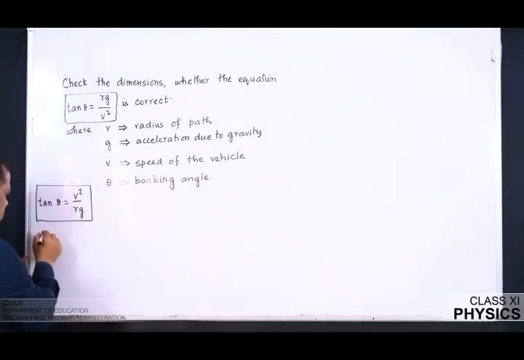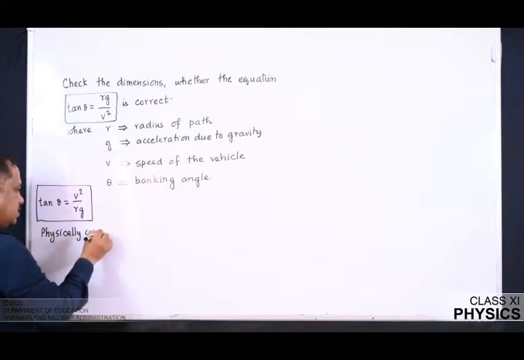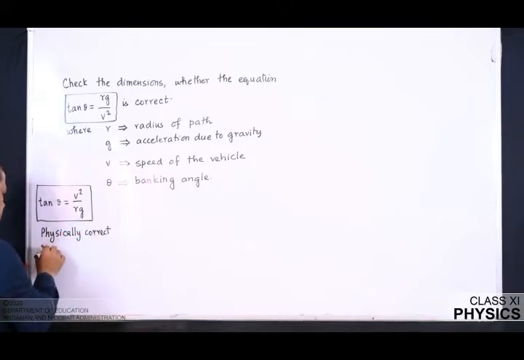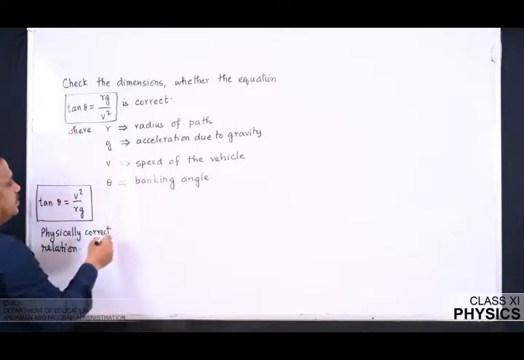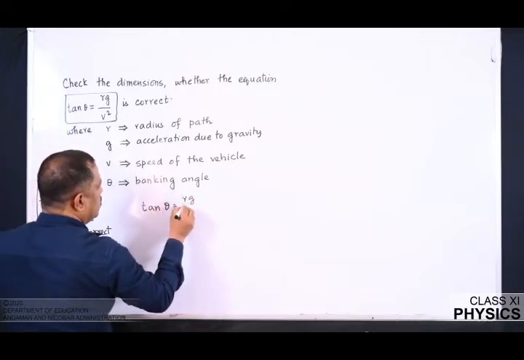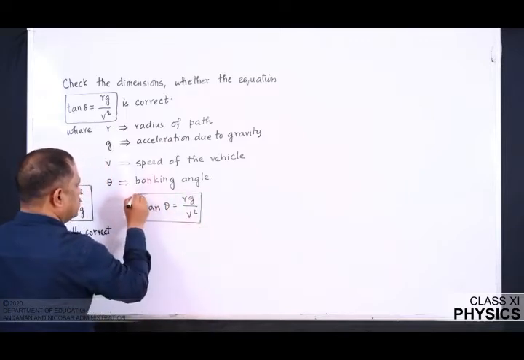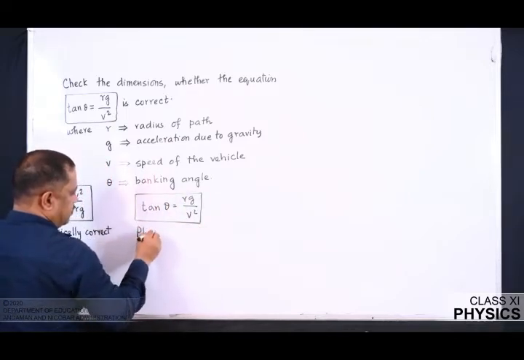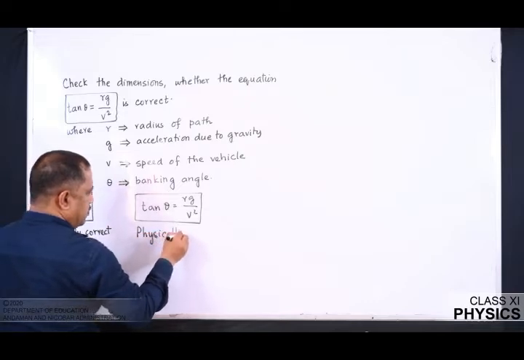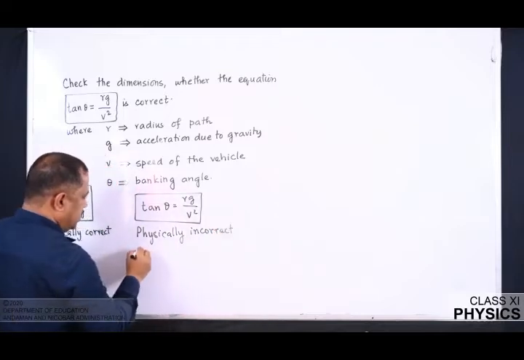This is the physically correct relation. The given relation, tan theta is equal to rg over v square, is a physically incorrect relation.